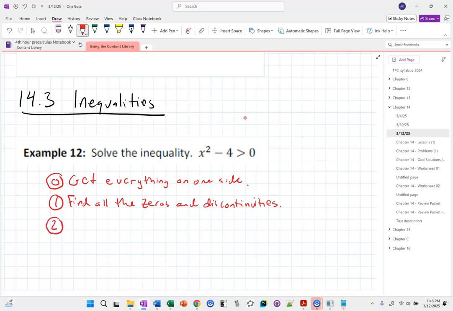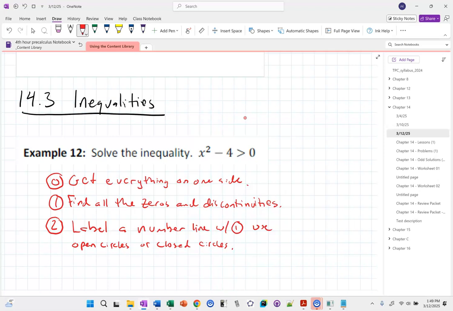Once we've found those, we're going to label a number line with the answers that we get from step 1.